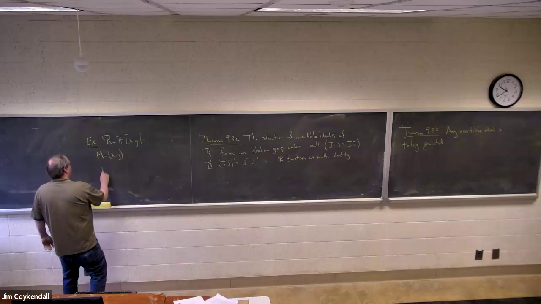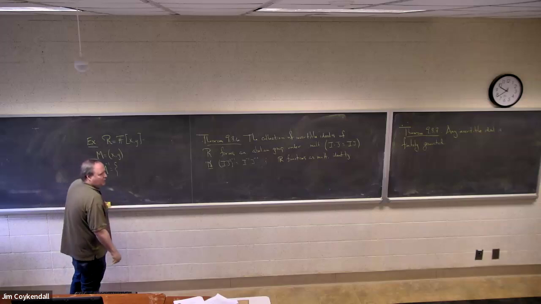So this is a maximal ideal. What is M inverse? This is a set of stuff in the quotient field.